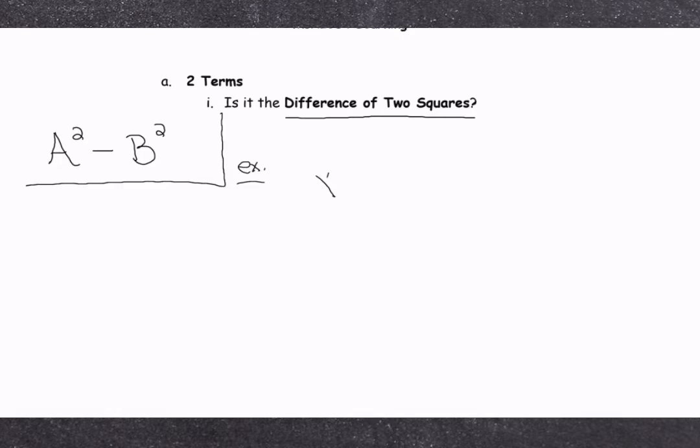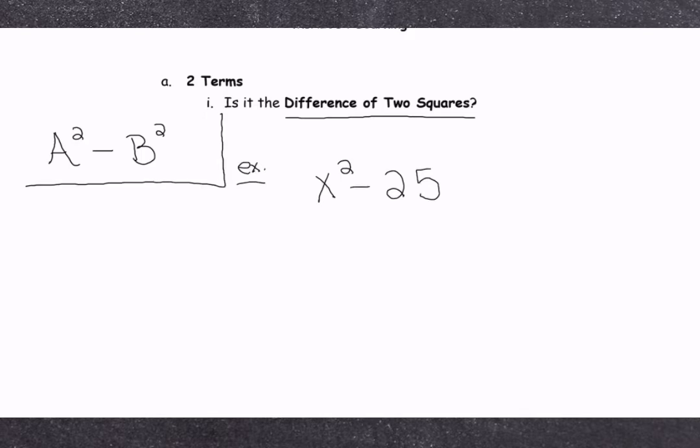Let's say I have x squared minus 25. If you're talking about factoring this problem, you first look for a GCF. I'm going to continue to go through the steps. Look for a GCF. Is there a GCF with this problem? Is there a common number? No. Is there a common variable? No. So there's no GCF. So I go to the next step. The next step is to count the terms.